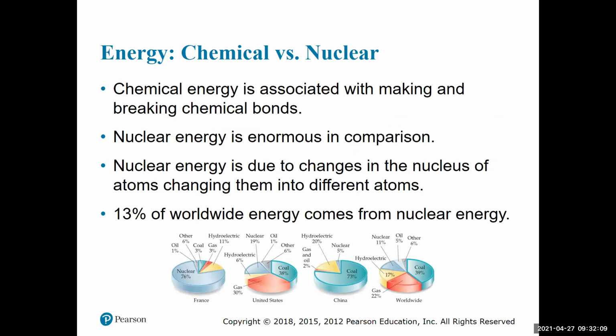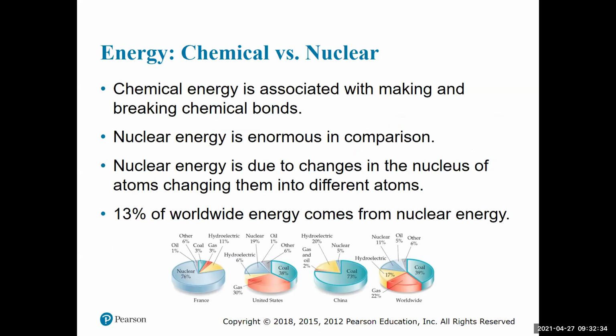So if we compare chemical energy and nuclear energy, we've talked about chemical energy all semester. We're talking about making and breaking bonds, right? Those outer electrons are usually involved in that, and that's a certain amount of energy. We did a lot of energy calculations.